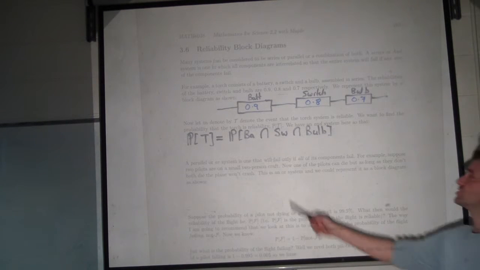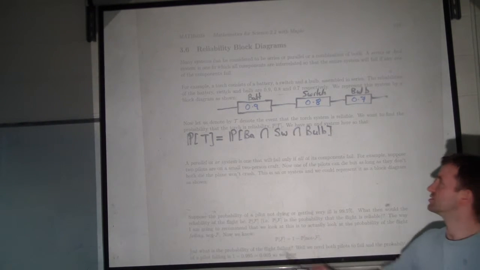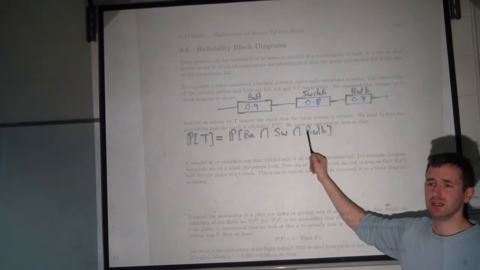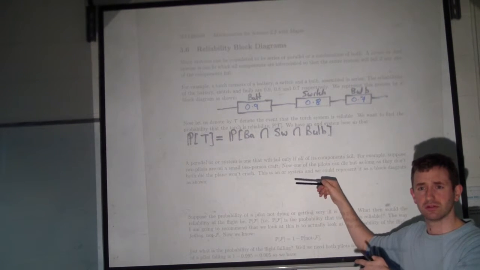Now we can go into little dark holes if we want here. You know far more about electronics than I do. Maybe when the battery goes a bit dodgy, something bad can happen with the bulb. If that was the case, what I'm going to do next doesn't really work. But we'll assume that they're independent. In other words, if this goes, it doesn't make it any more likely that these go on their own.